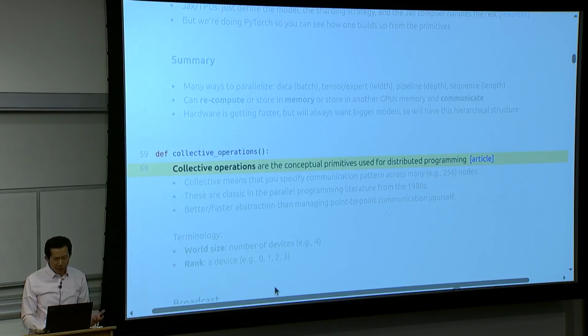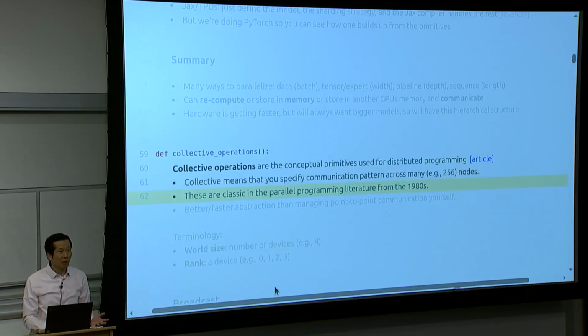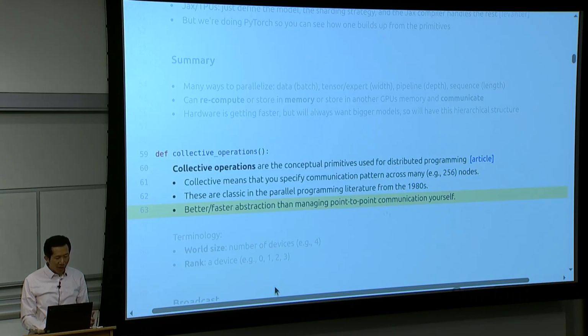Collective operations are primitives that are used generally for distributed programming. Collective means that you have many nodes. These are actually quite old, from at least the 80s in the parallel programming literature. Generally, they provide a better abstraction than trying to manage the point-to-point communication yourself.